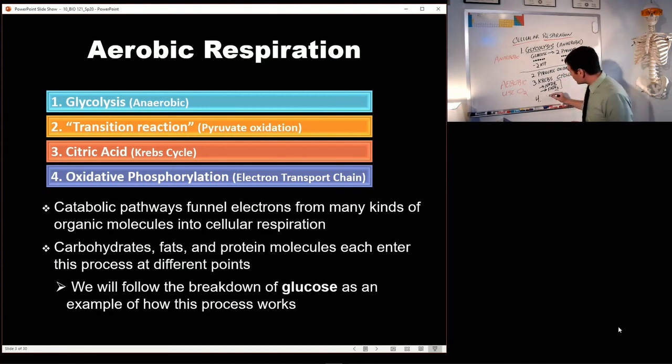So what we're going to do is use something called oxidative phosphorylation. In photosynthesis, we had photophosphorylation.